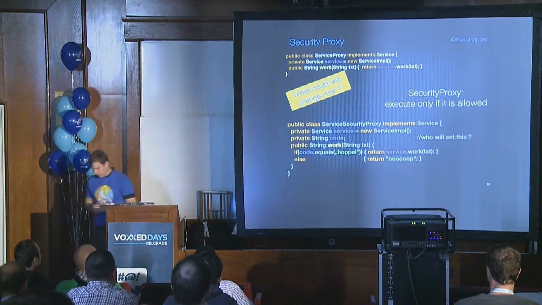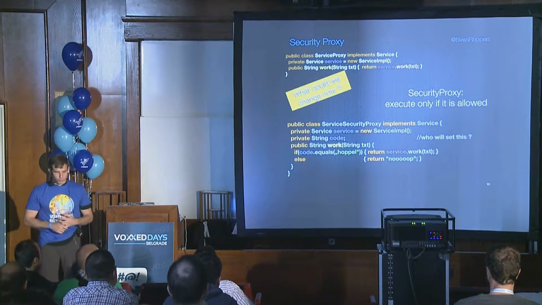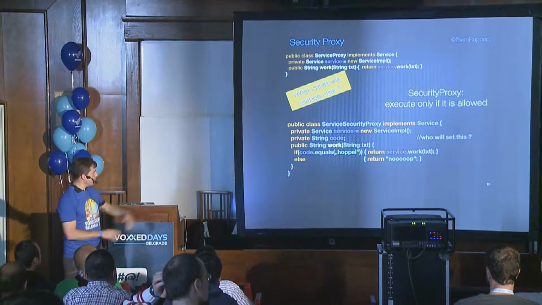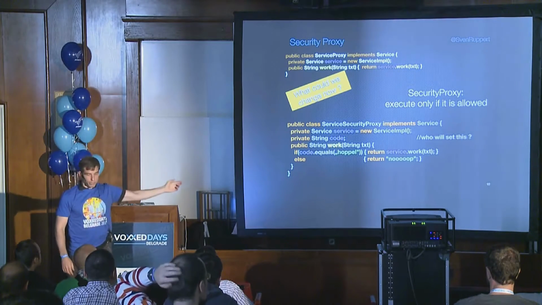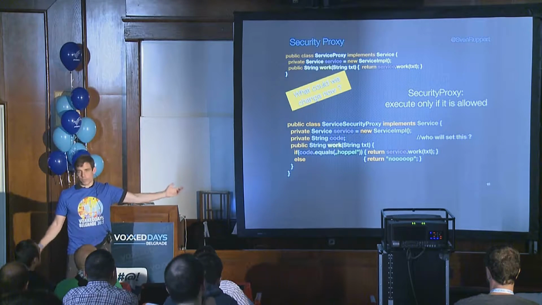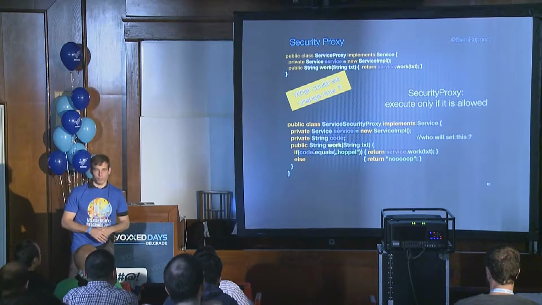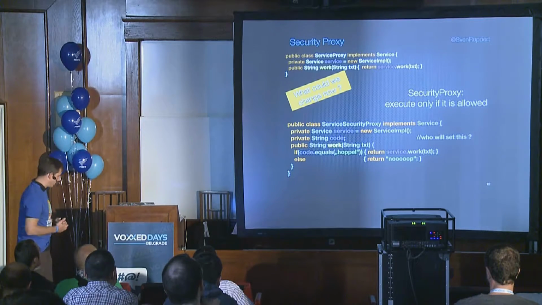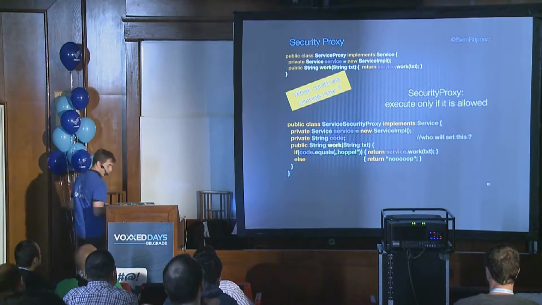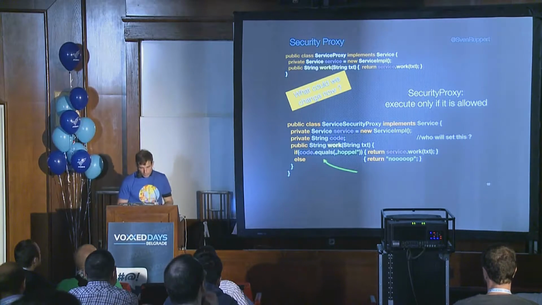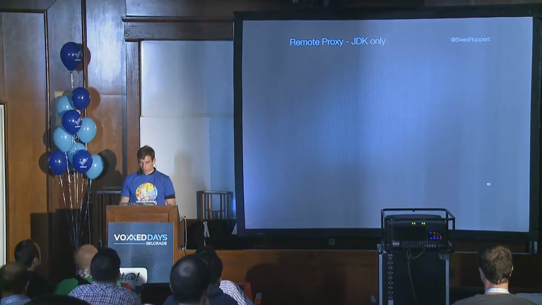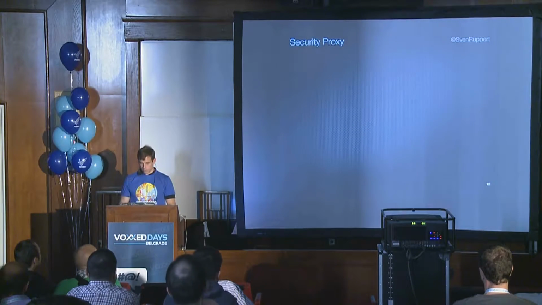If we want to do this, we have to make some decisions. I have a very easy decision done. I only say, if it is not allowed, do nothing, return null. So you have to find something more useful in your case, but it's only to show what's going on in a security proxy. This means you have some point to check a rule.